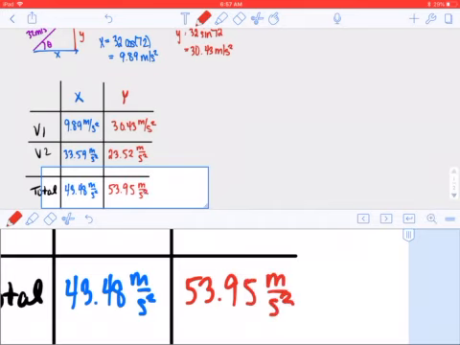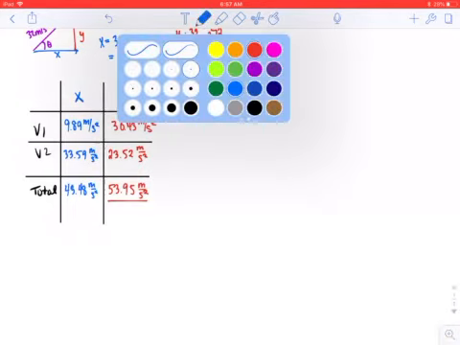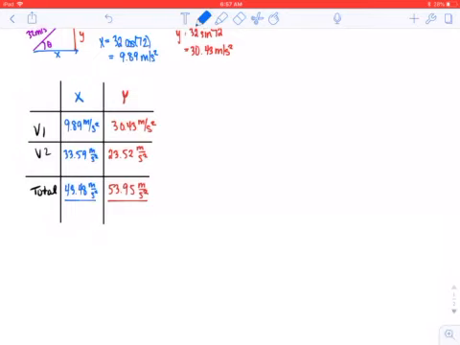You should get these totals for the total x and y. What this is telling us is that if I add up vector 1 and vector 2, it goes overall 53.59 meters per second squared in the y, and it goes overall 43.48 meters per second squared in the x.